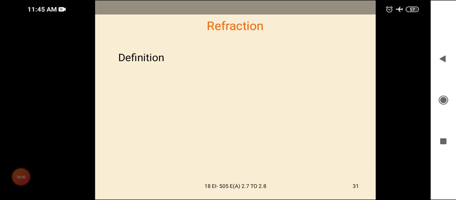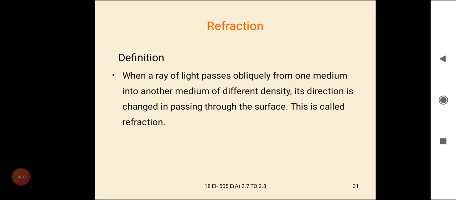The next topic is refraction. Definition: when a ray of light passes obliquely from one medium into another medium of different density, its direction is changed in passing through the surface.